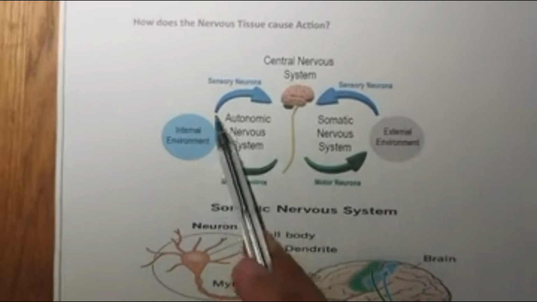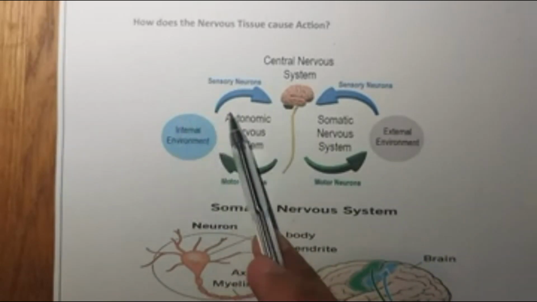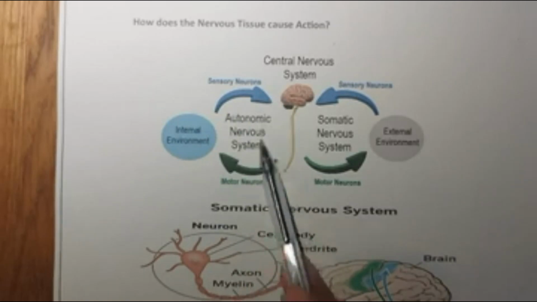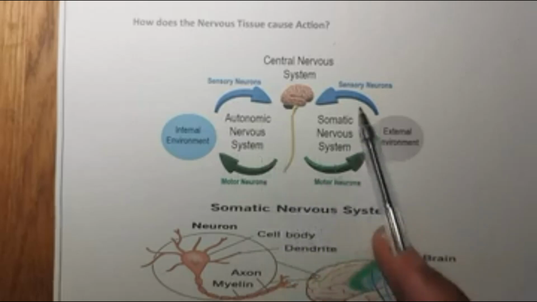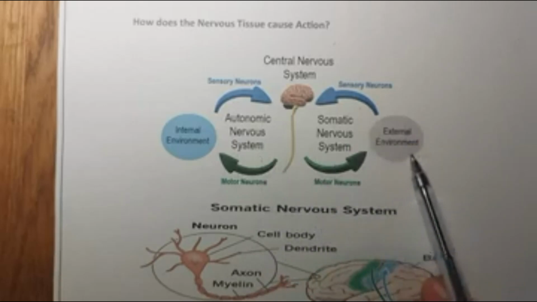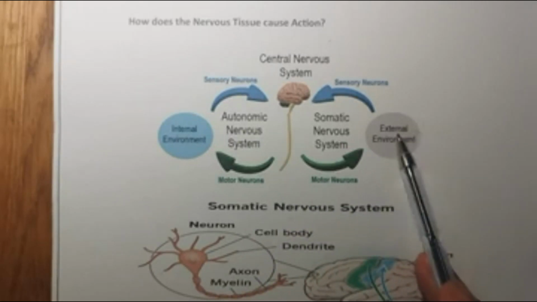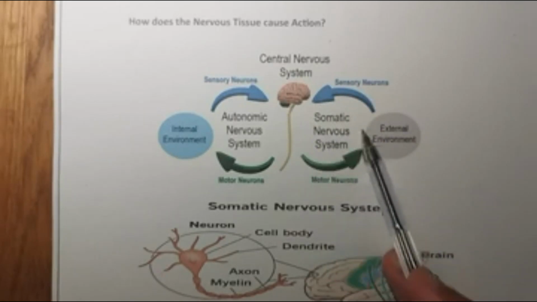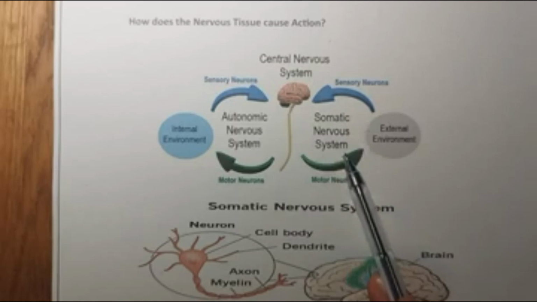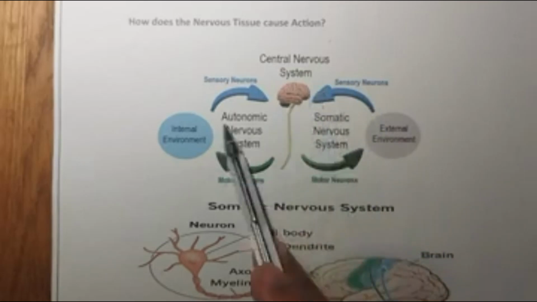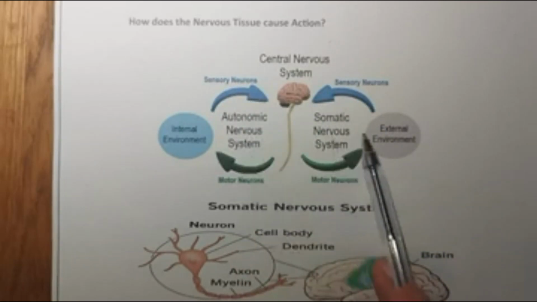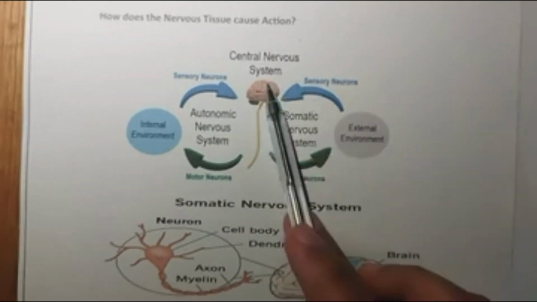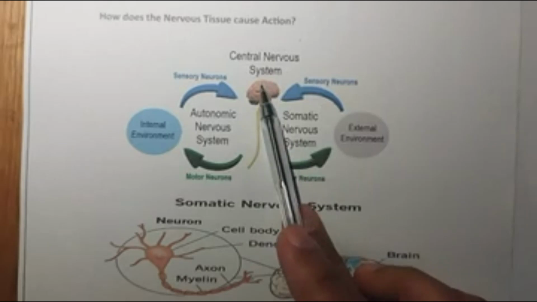The nerves that carry internal information are sensory neurons of the autonomic nervous system. The nerves that carry information from the external environment are the sensory neurons of the somatic nervous system. These autonomic and somatic sensory neurons carry information to the brain, to the central nervous system.